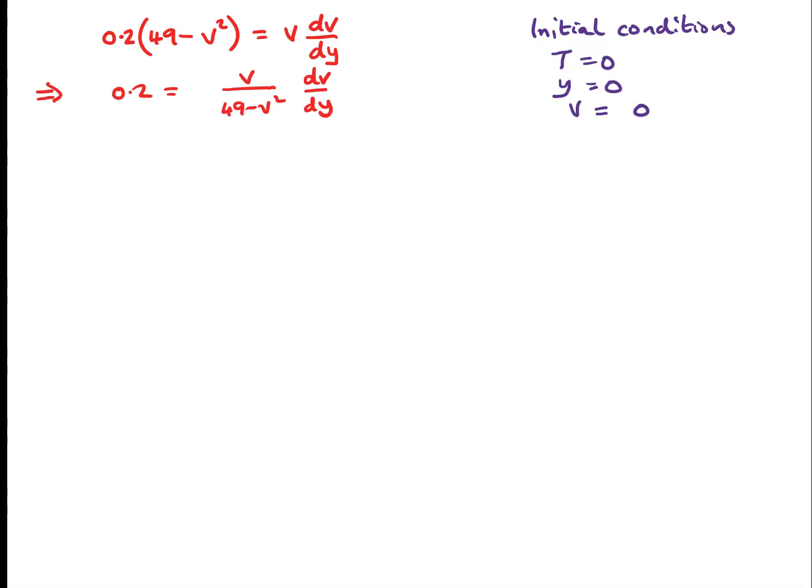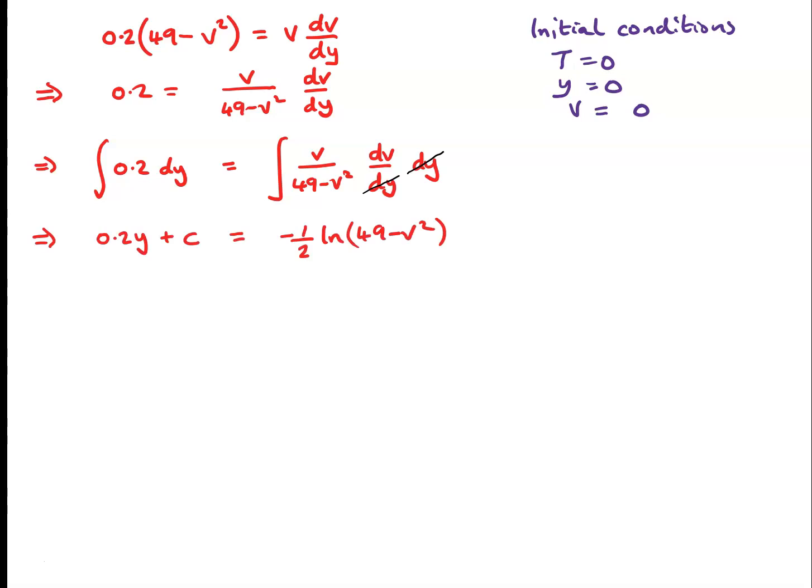So we've got 0.2 equals v over 49 minus v squared times dv by dy. Integrating each side with respect to y gives us this. And, as usual, we can cancel out the dy's. So we've got the integral of 0.2 with respect to y is equal to the integral of v over 49 minus v squared with respect to v.